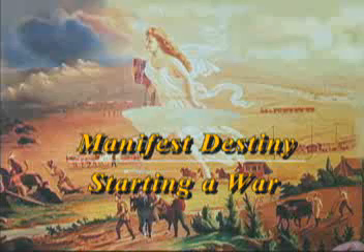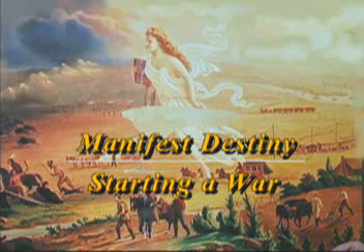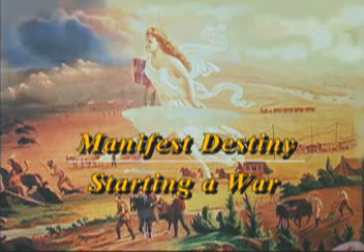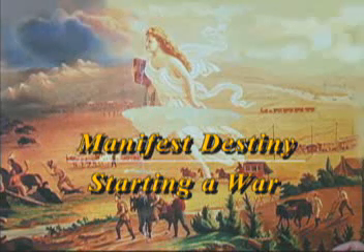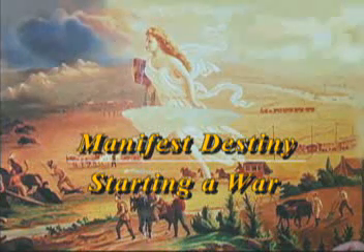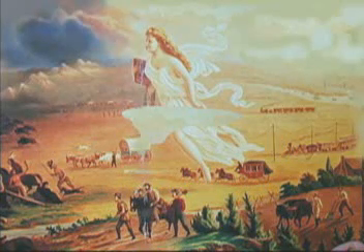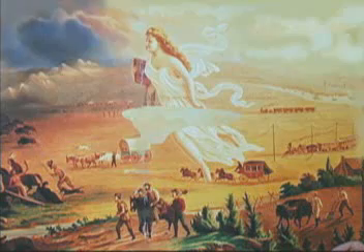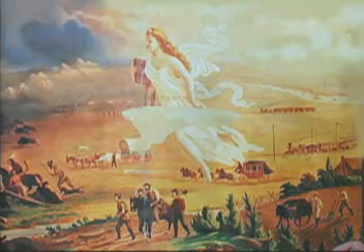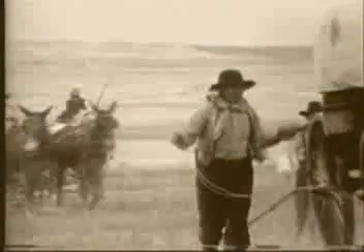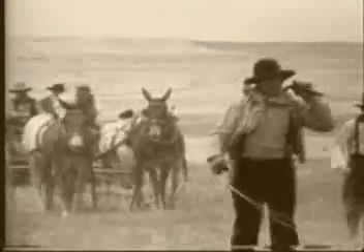In the 1840s, the people of the United States had come to believe that it was their nation's manifest destiny to keep growing westward, spreading what they saw as the blessings of liberty and democracy across the land. In fact, some Americans even wanted the United States to take over Mexico and Canada.